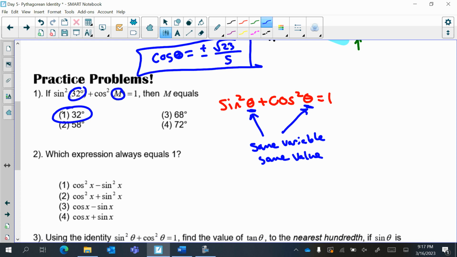They have to be the same. Sine squared of 32 plus cosine squared of 32 is equal to 1. It does not work if they are different values. And which one is always equal to 1? Cosine squared theta plus sine squared theta. This is commutative, so you can switch the order of addition.